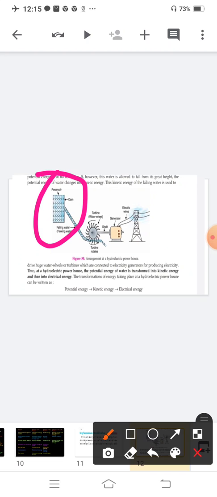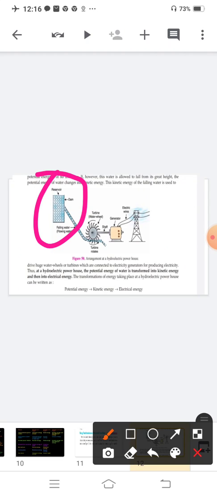This is your reservoir. Clear? Now, water stored behind the dam has a lot of potential energy because it is stored. But as such this potential energy is of no use to us unless the water is allowed to fall from a great height.